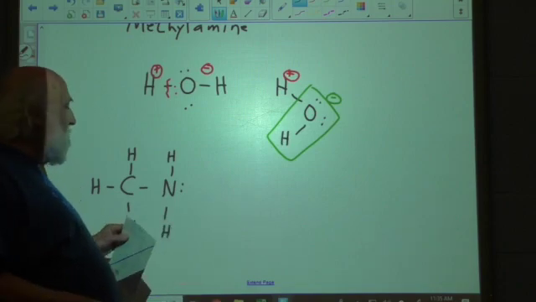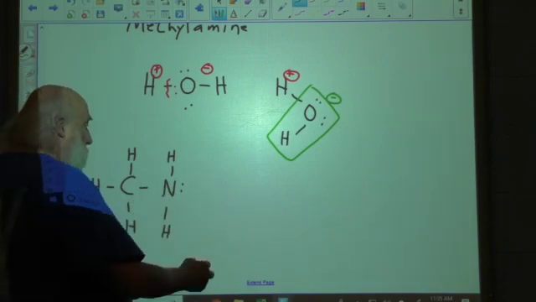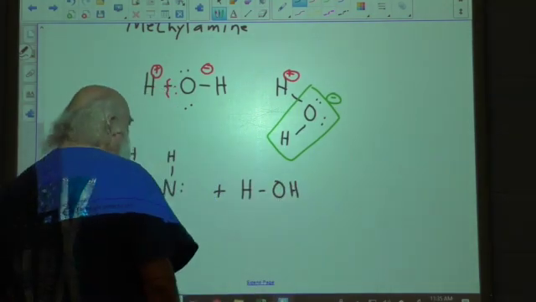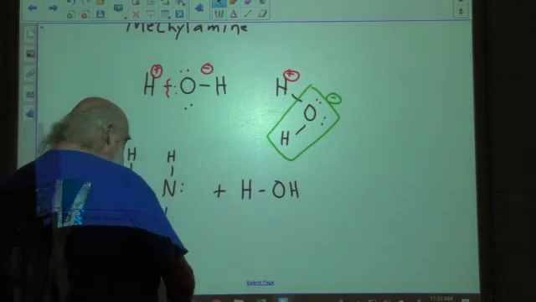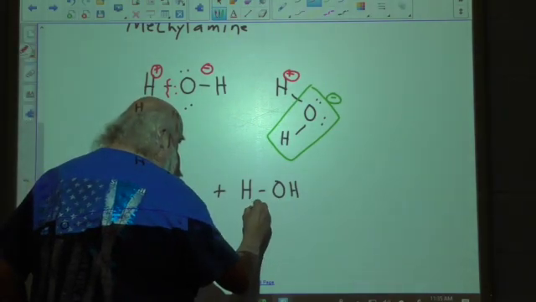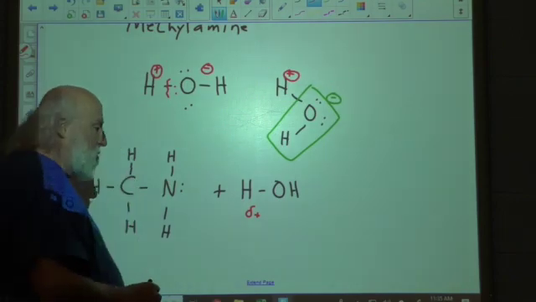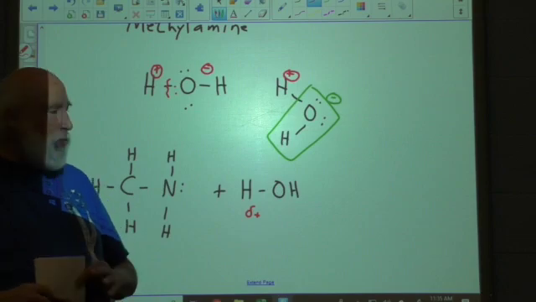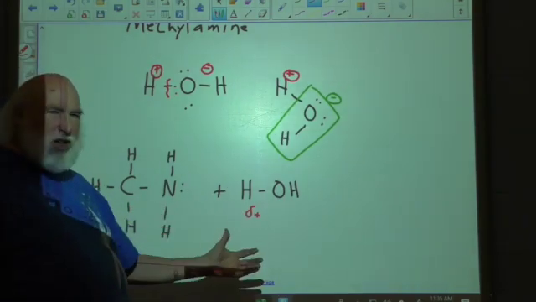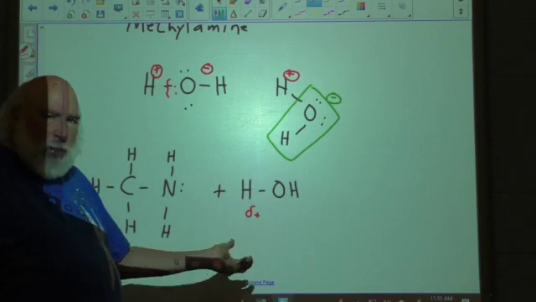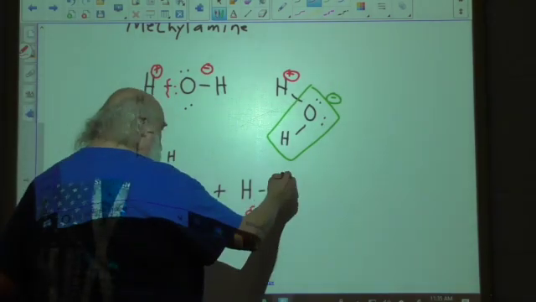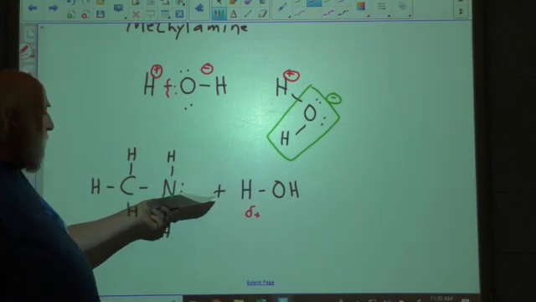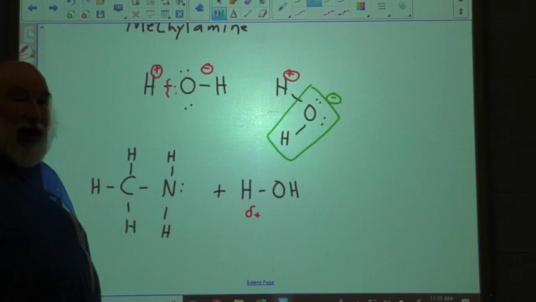So instead of looking at it in terms of H2O, we're going to look at this in terms of HOH, with the understanding that this is kind of positive. To designate that, we use a Greek letter delta right here. There's capital delta, which is a triangle, but there's lowercase delta, which signifies that this is a tiny positive charge, and this over here is a tiny negative charge. But it's the tiny positive charge right here that's going to be attracted to this pair of electrons. It really likes it.